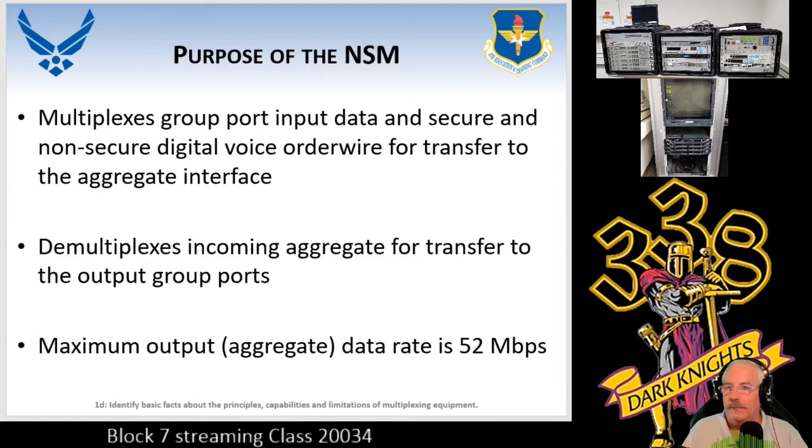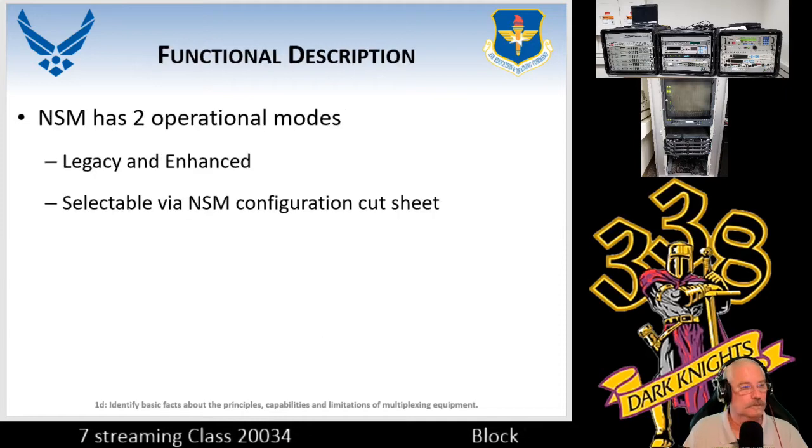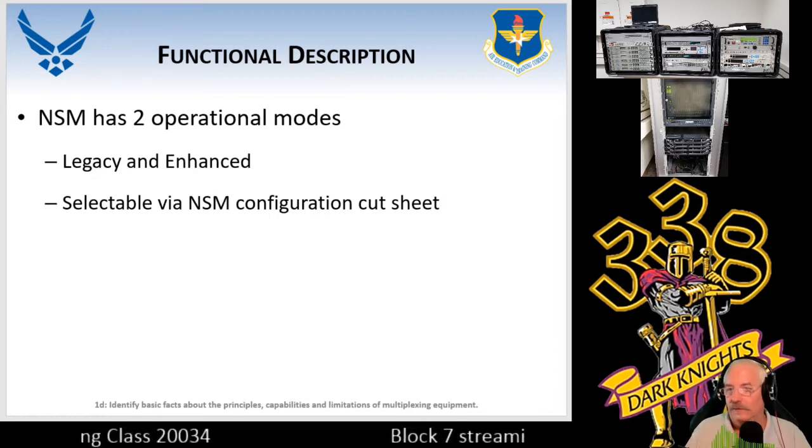Now the max output of this, and I'm going to show you on the tech order, is 52 megabits per second. It has 2 operational modes, legacy and enhanced. What does that mean? Legacy meaning me, the old fart, and enhanced meaning you, the young guys and gals.